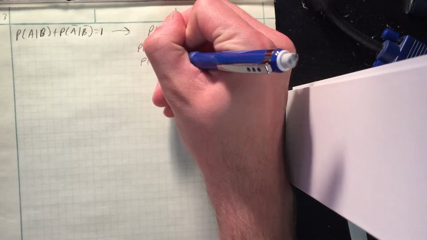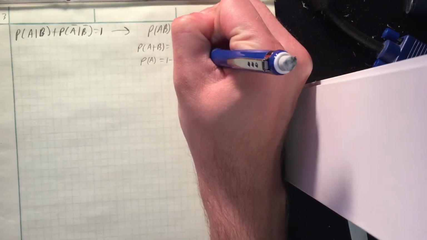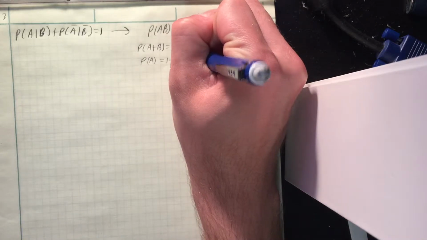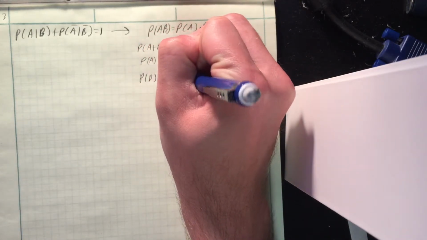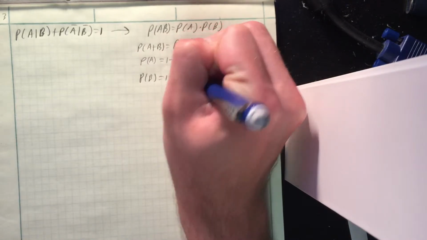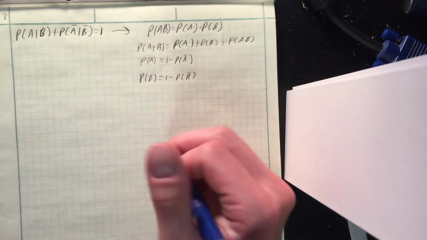Another one we have is the probability of A is equal to 1 minus the probability of A naught. The probability of B is equal to 1 minus the probability of B naught. And those can be moved around, commutative in a way.